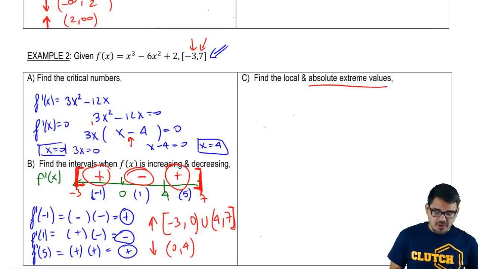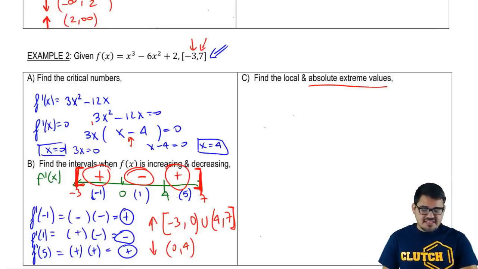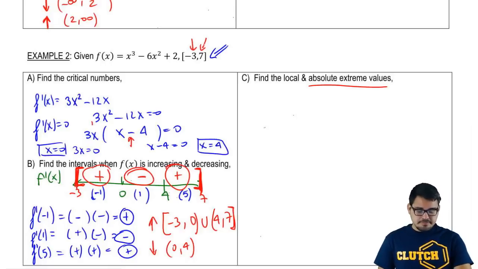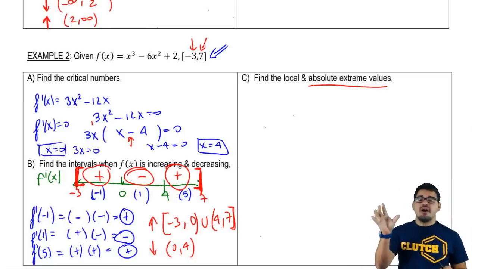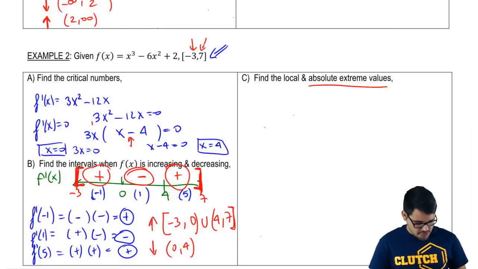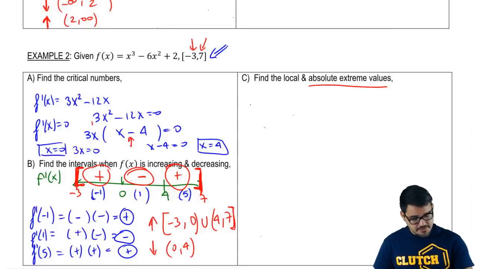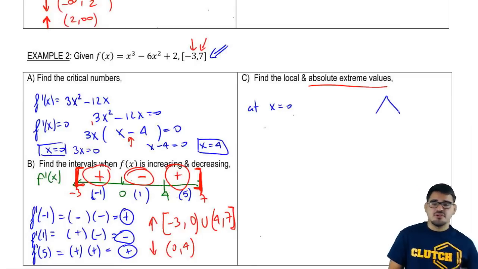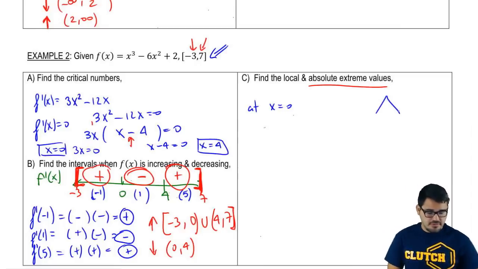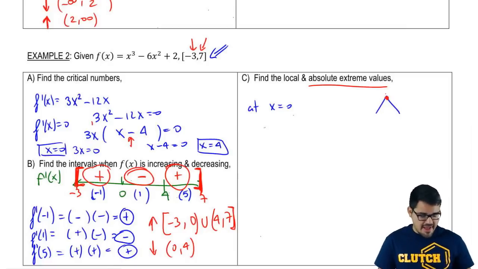So real quick, at 0, you see how the critical number changes from positive to negative, right? So we're going to write that over here. At x equal to 0, our function goes from increasing to decreasing, which means it goes from positive to negative. Therefore, we have created a max, right?